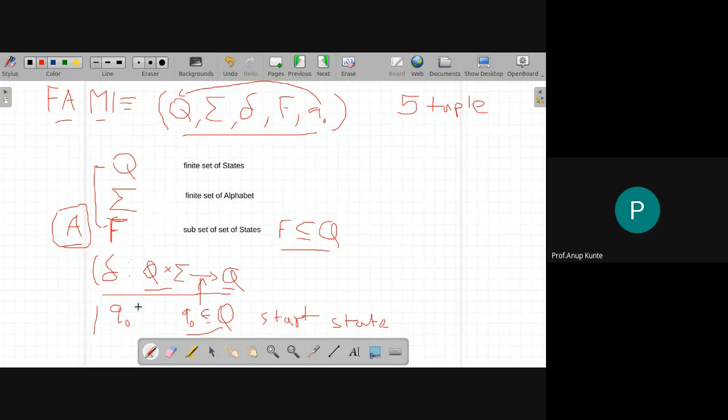That is why this functional mapping is also referred to as the transition function.